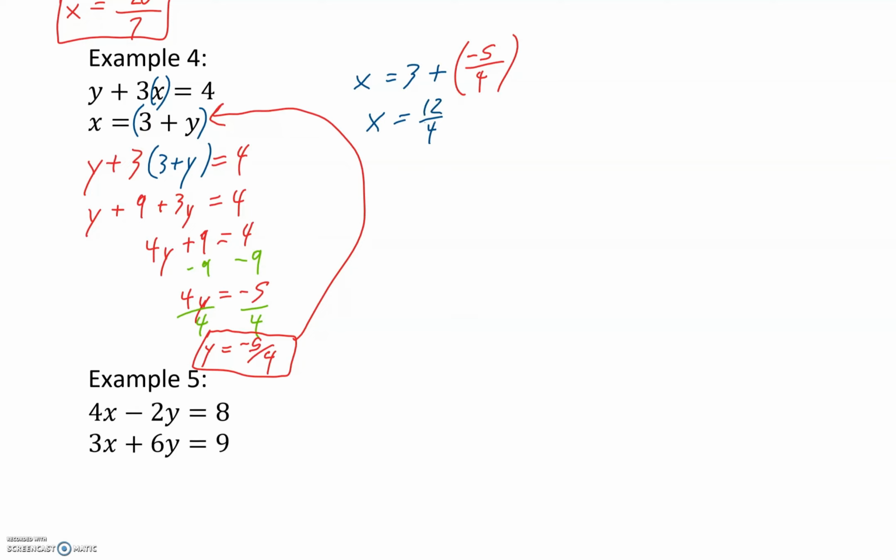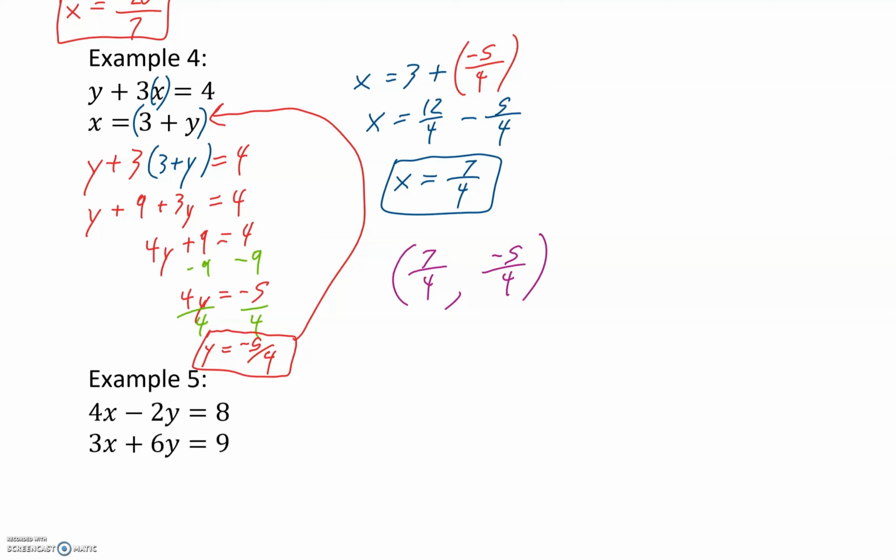So it's going to be 12 over 4 minus 5 over 4. So it is 7 over 4 for our x. Okay, so to write this in point form, we go 7 over 4, comma, negative 5 over 4. And that is our final answer.